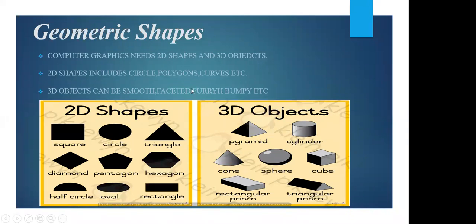In 2D shapes only two coordinates are used, that is x and y. But in 3D objects, three coordinates are used. So there are other different 2D shapes available. You can see them over the internet or search for those shapes on Google.